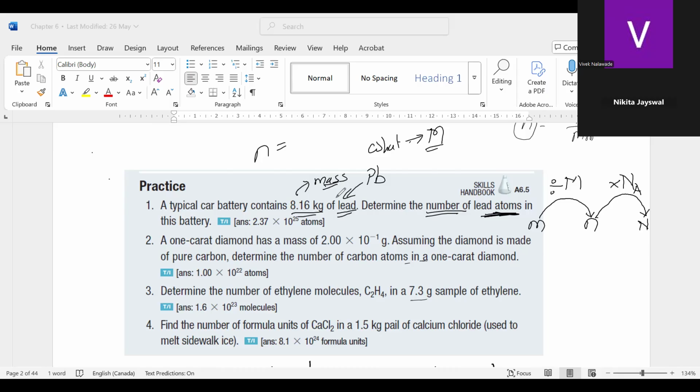So now, what is Na? n is 39.4, right? What is Na? Is it 8,160? No, it is 6.022 into 10 raised to 23, the Avogadro's number.